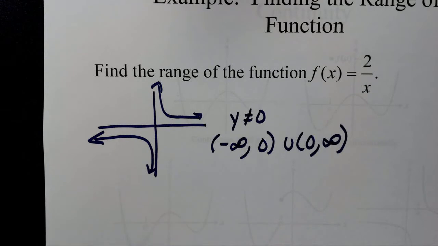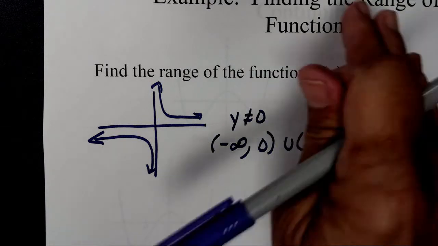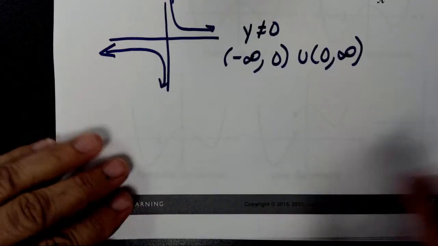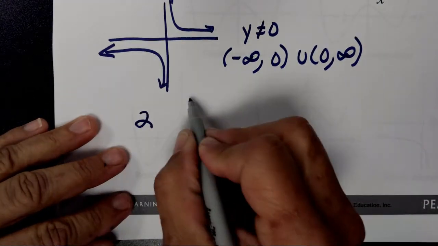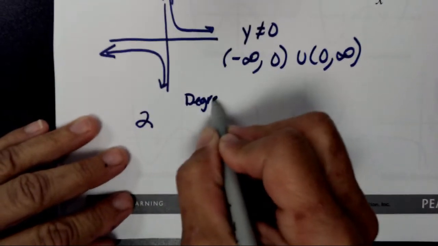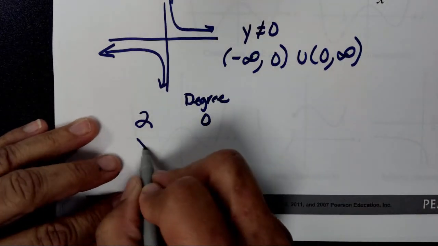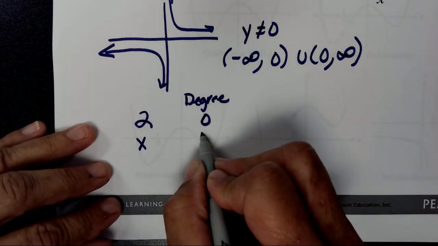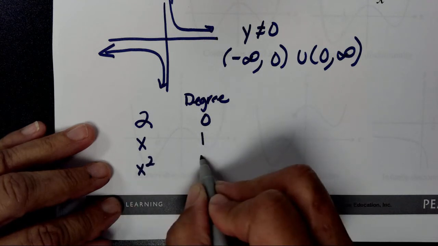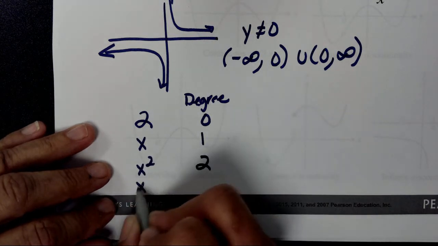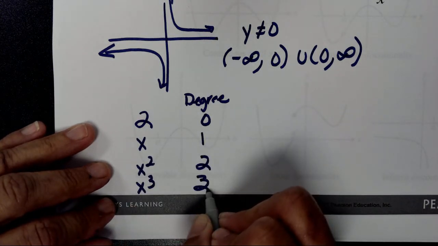Why did I know that asymptote was 0? Well, you knew it from the graph, but you should also know it from the equation. Okay? So, the number 2 has a degree of 0. X has a degree of 1. X squared has a degree of 2. X cubed has a degree of 3.